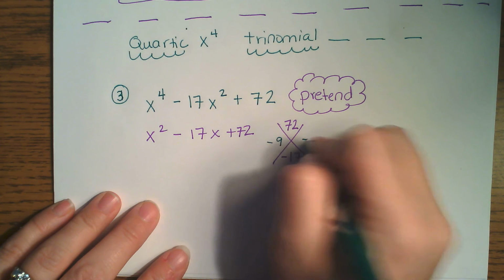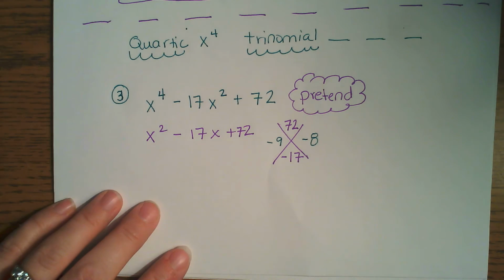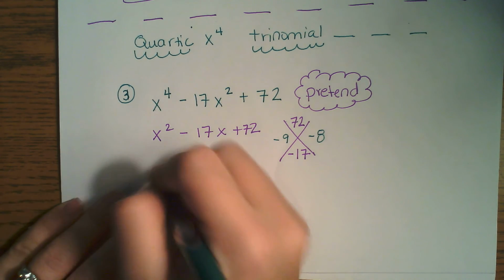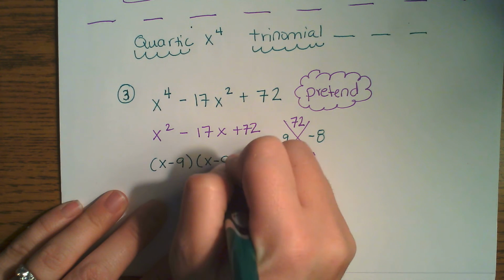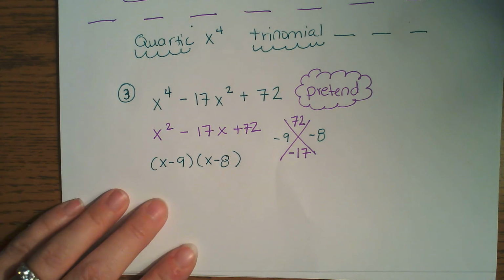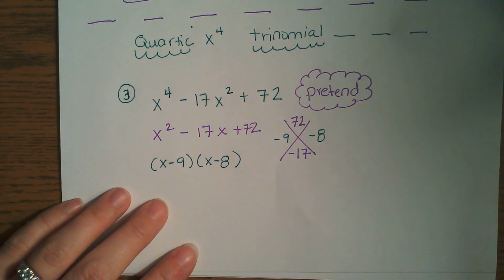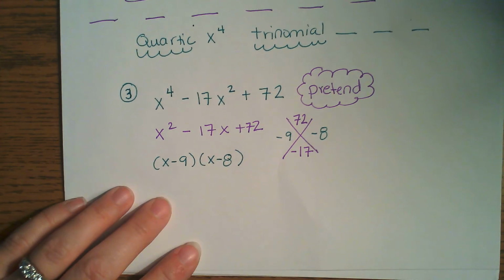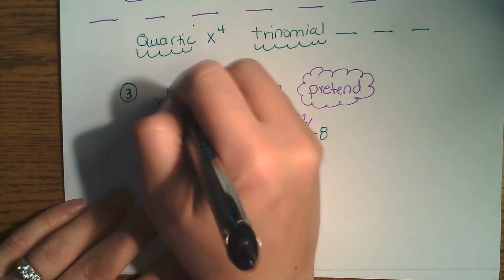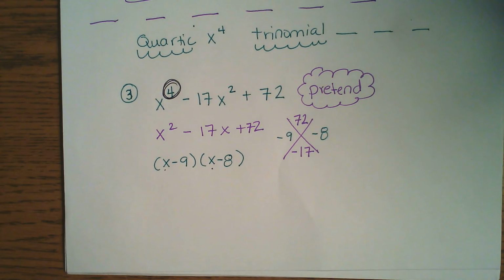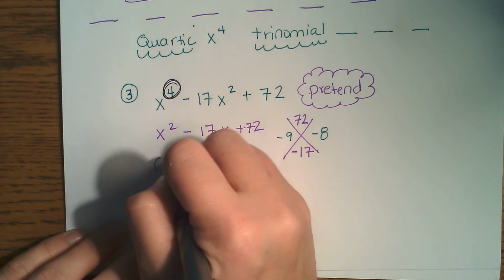Negative 9 and negative 8. So x minus 9, x minus 8. But we have to remember that we didn't just have 2 x's, we really had 4. So you have to put those extra x's back in.